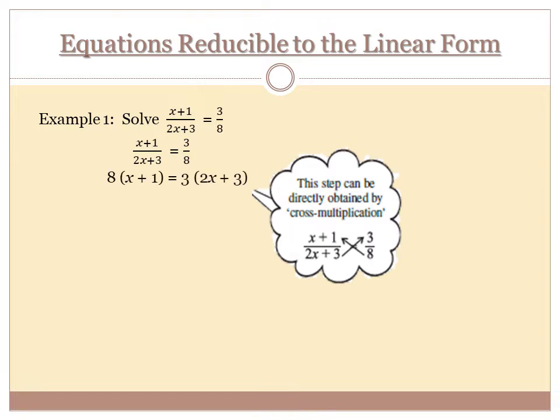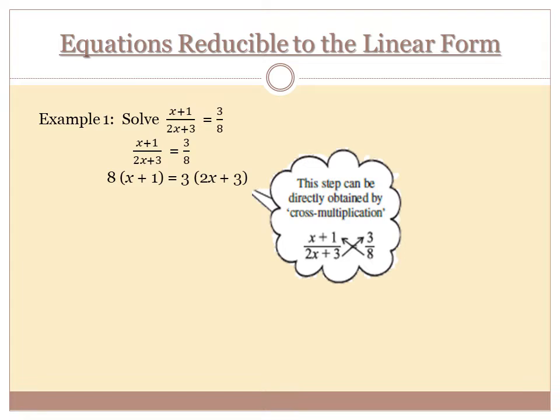That is, 8 into (x + 1) is equal to 3 into (2x + 3). Now we got an equation in the linear form which we know how to solve.